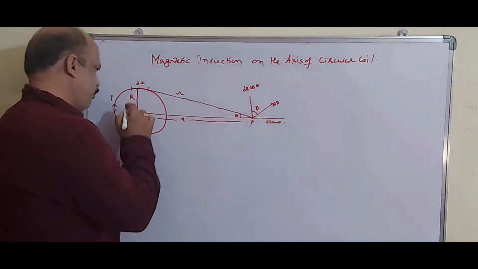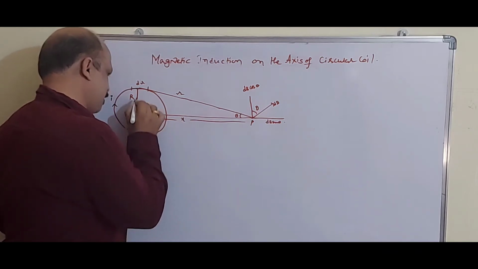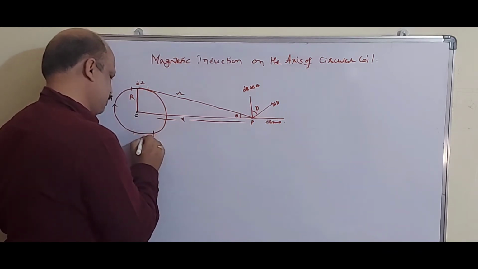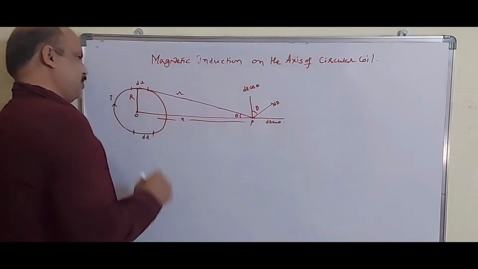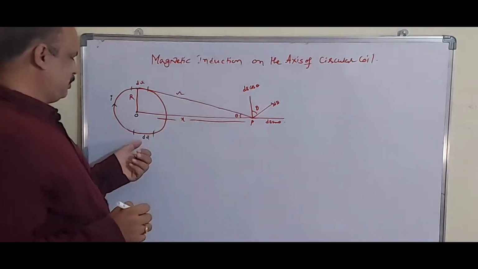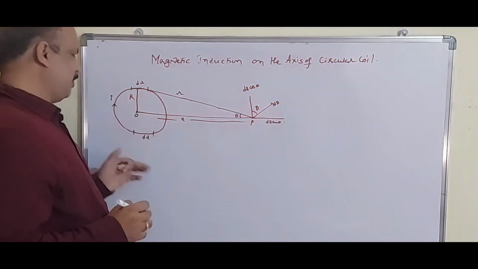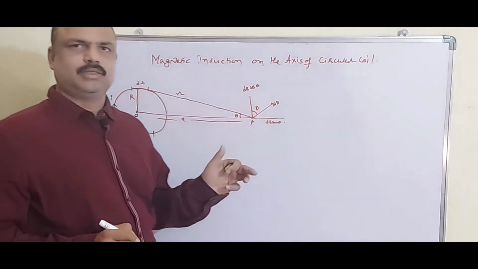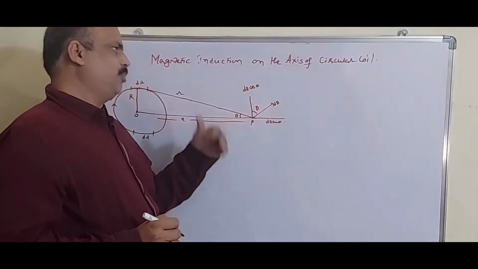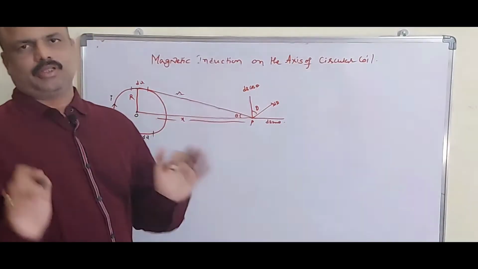Now we take an element dl exactly opposite to this one. The magnetic induction due to this element is exactly opposite to the previous one, so they cancel each other.